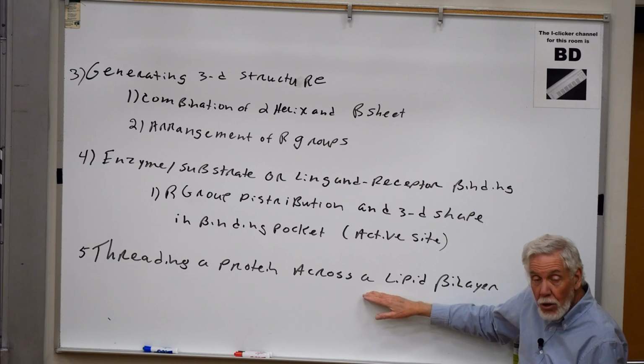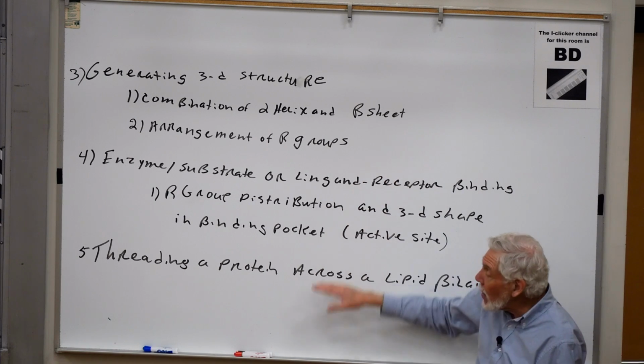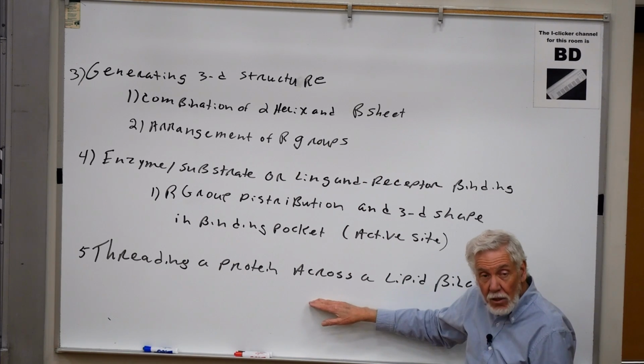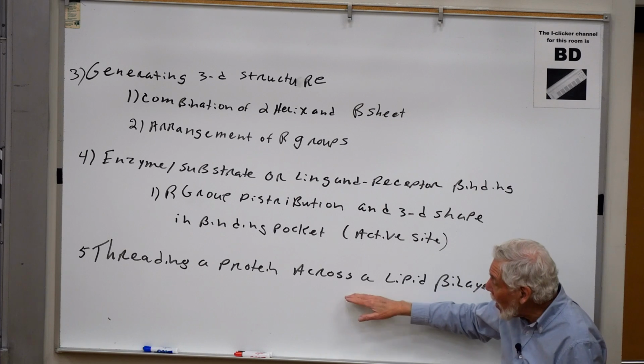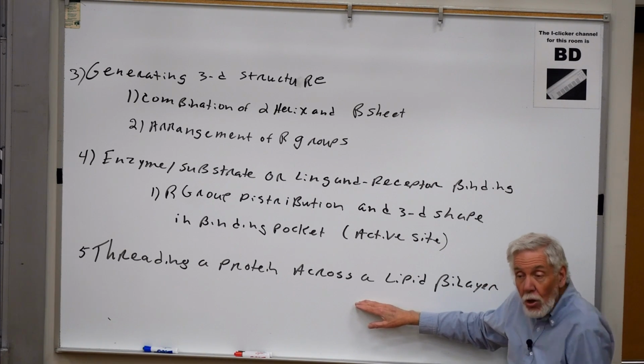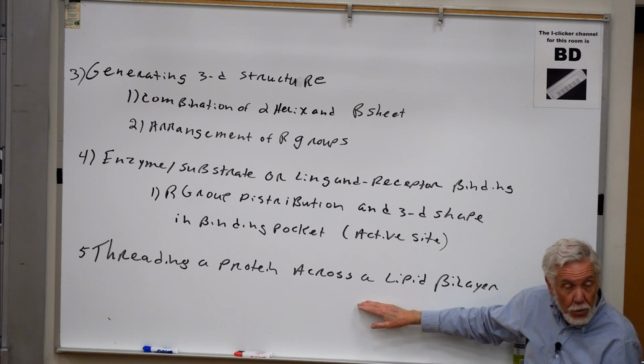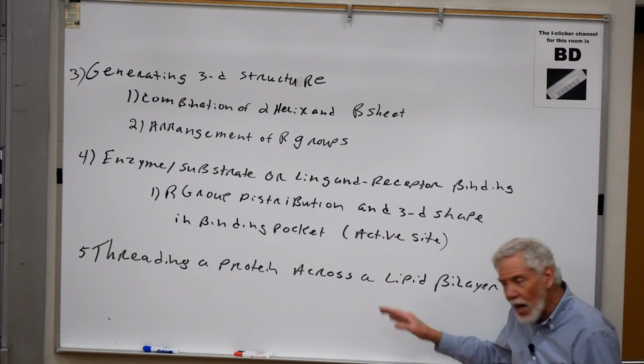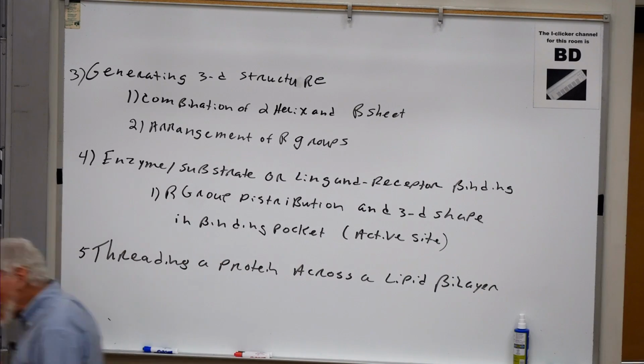And we'll talk about how we'll generate a channel by using the amino acid sequence, the alpha helical group, and then how the alpha helices go across the phospholipid bilayer and work in concert with other alpha helical groups to make a channel. Turns out, and I'll draw it on the board, you can't make a channel from a single alpha helix.